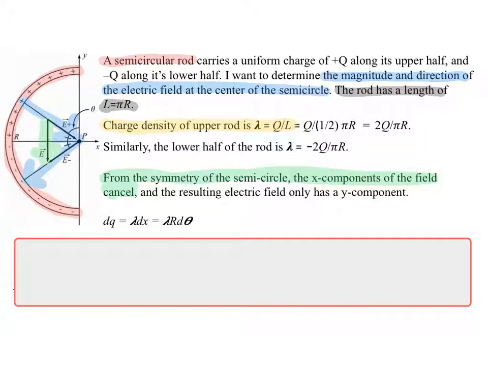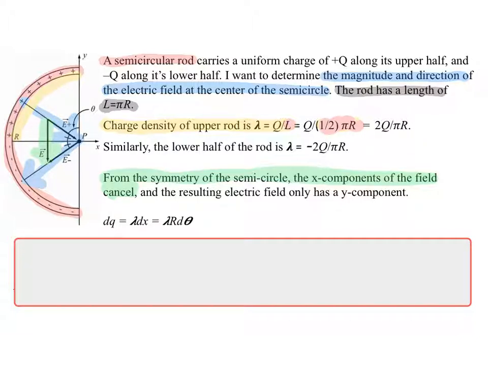Well, for the upper rod, just this part, that's half of the pi r, or half the length. So we went from L to half of L, because that's the upper half of the rod.